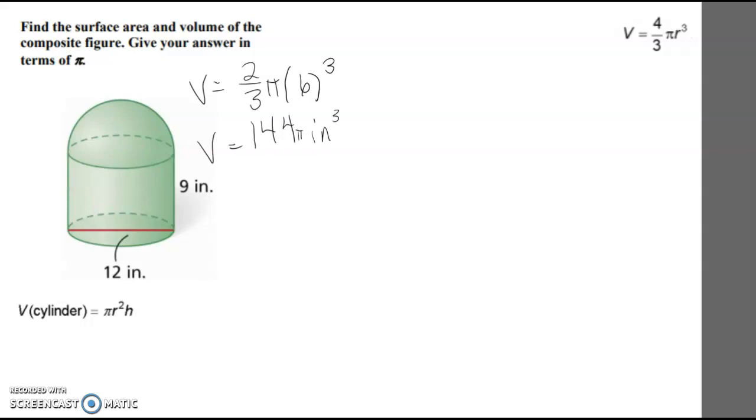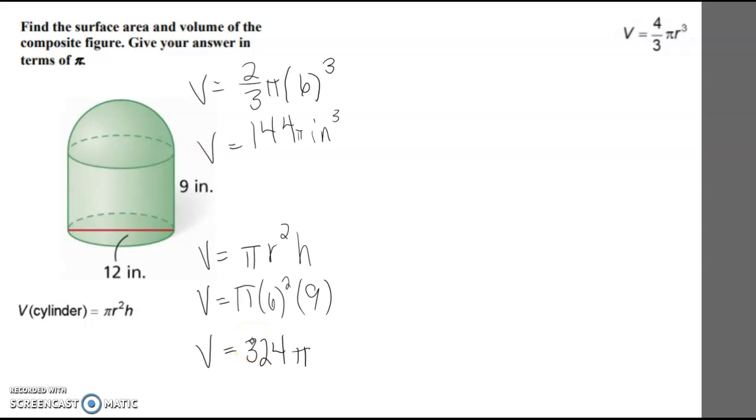Then we'll find the volume of our cylinder, which is pi r squared h. My radius, again, is 6. And my height is 9. So the volume of the cylinder is 324 pi inches cubed.